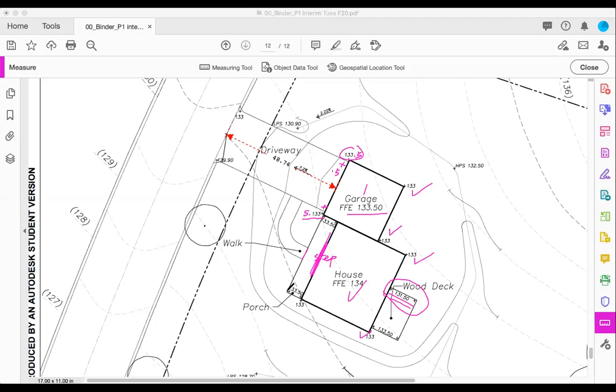So the ground elevation here is also 0.5. So that one is too low, should be 0.5 as well. So you need to make minor adjustments to the spot for your garage and your corner of your porch and the house corner over here.